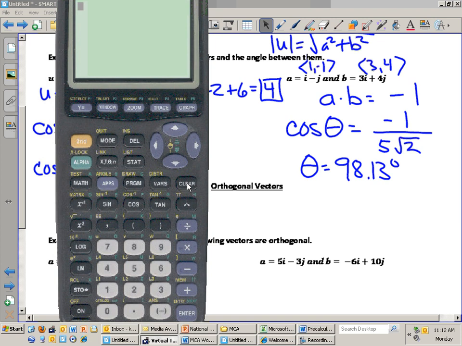So let's do cosine inverse of negative 1 divided by parentheses 5 square roots of 2, close parentheses, because we're not just dividing by 5, we're dividing by 5 and the square root of 2.